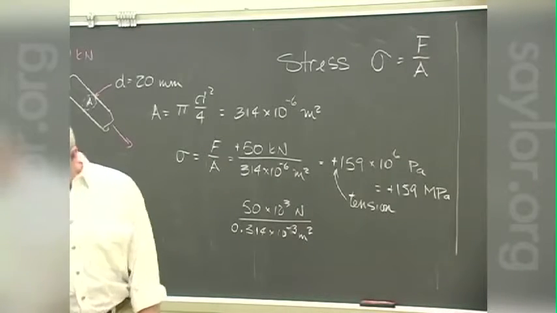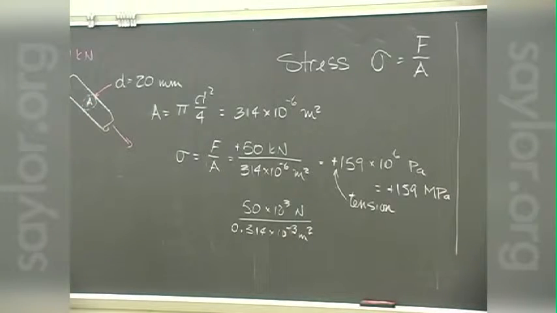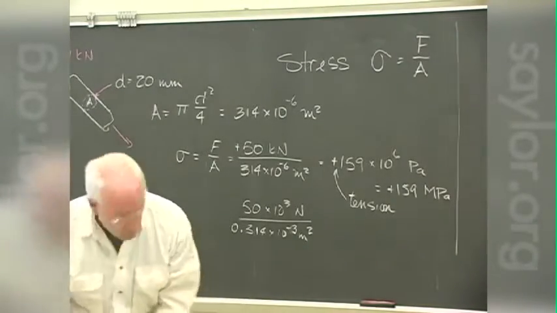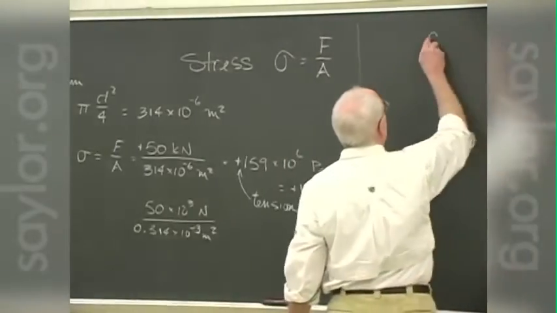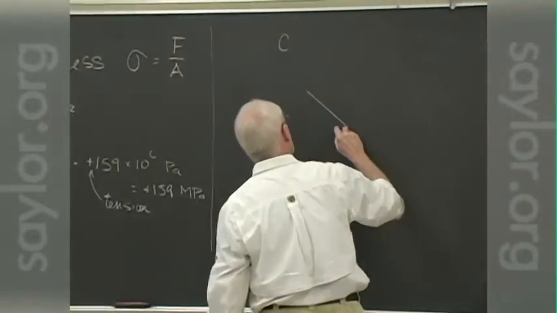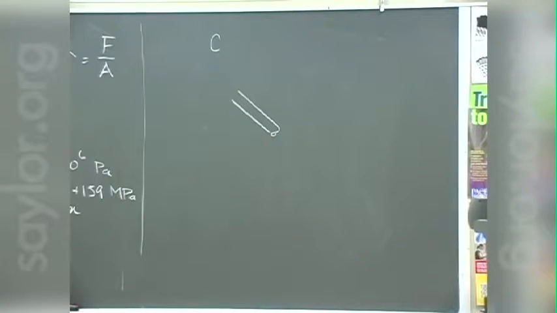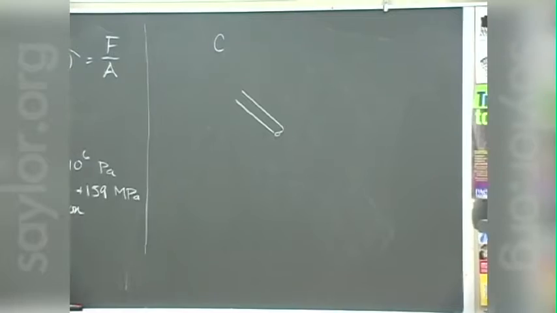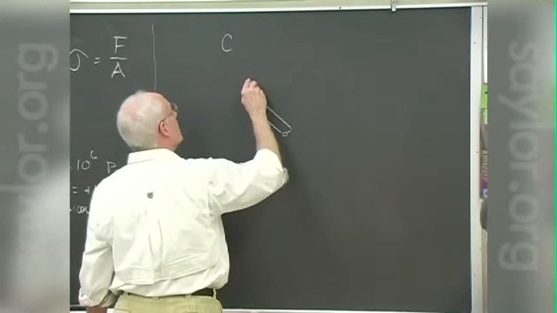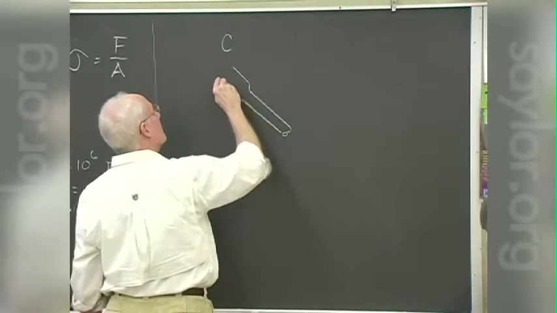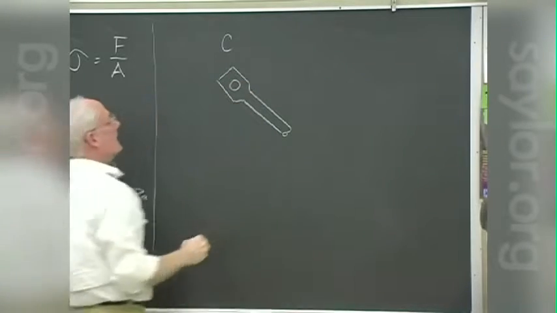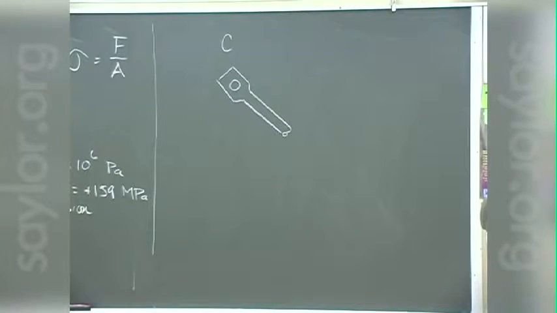All right, so there are other places we now need to concern ourselves with. For example, up here at end C, if you look at the drawing, the piece at end C is actually flattened out a little bit so that it will mate with the other piece there, and there's a hole put through it.